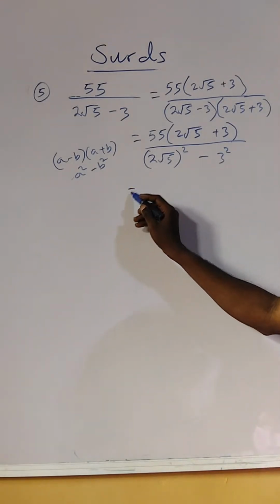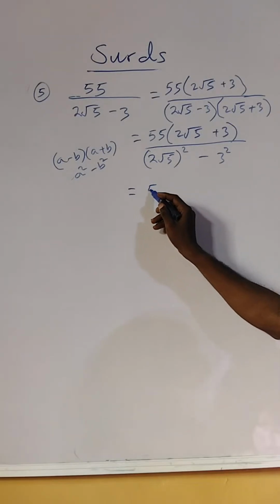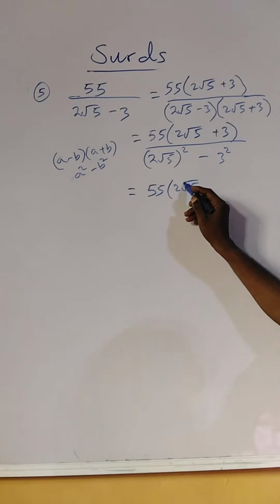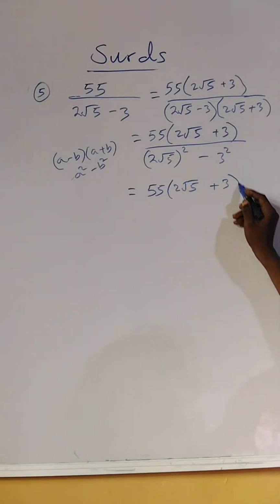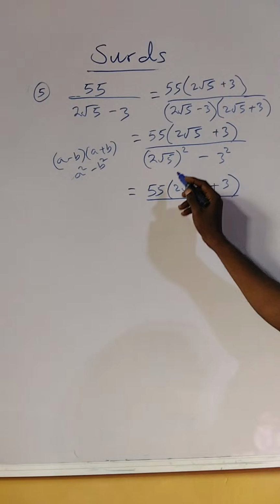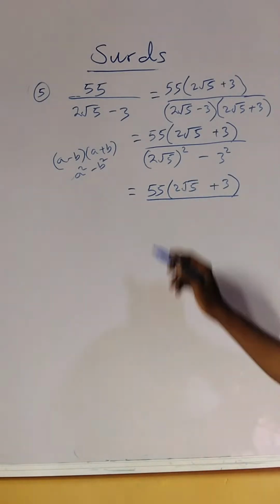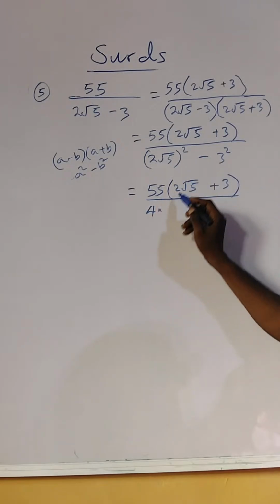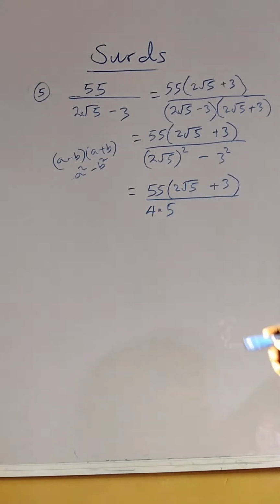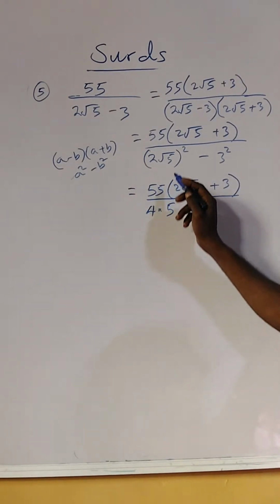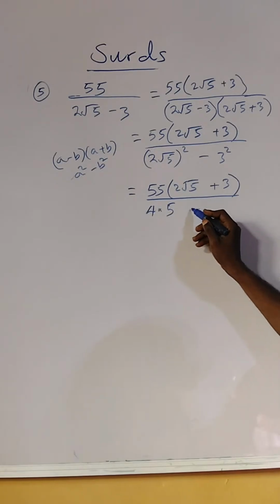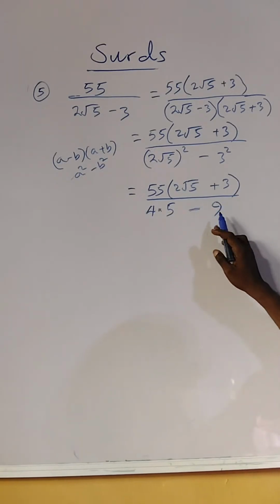Then here we still have 55 into brackets 2 root 5 plus 3 over here. We square 2, that's 4, then times root 5 square, that's 5. So that's the meaning of 2 root 5 square. We square 2, that gives us 4. We square root 5, that gives us 5, then minus 3 square, that's 9.